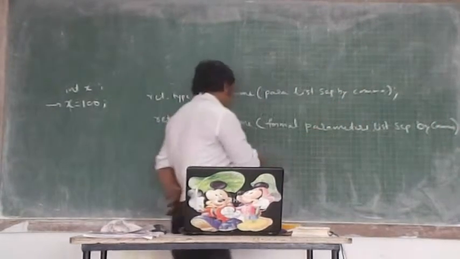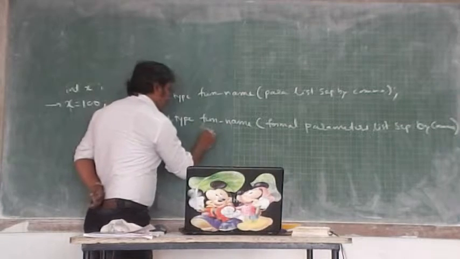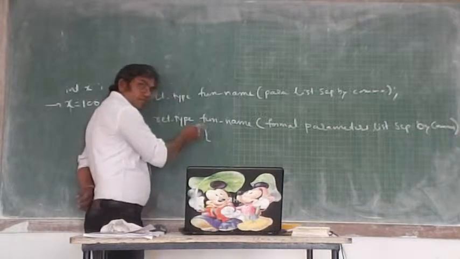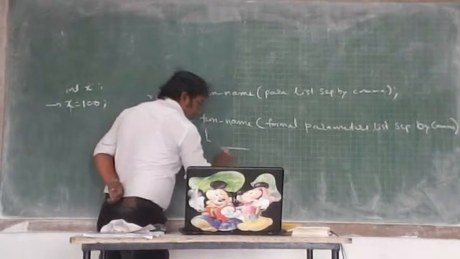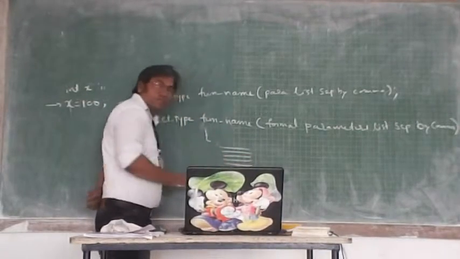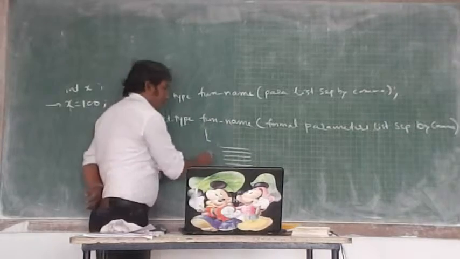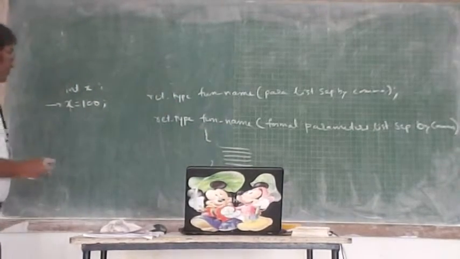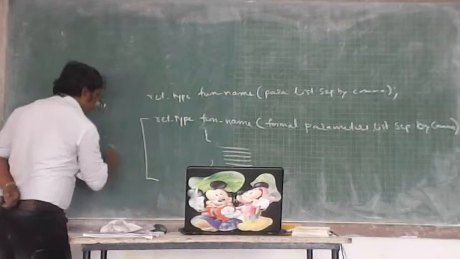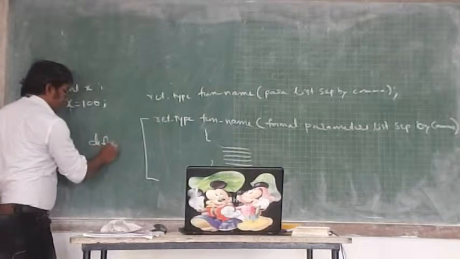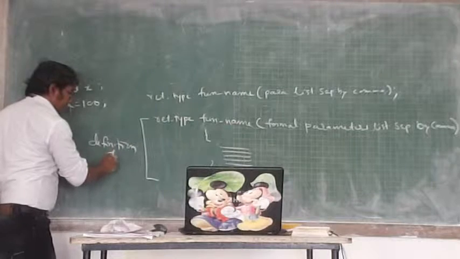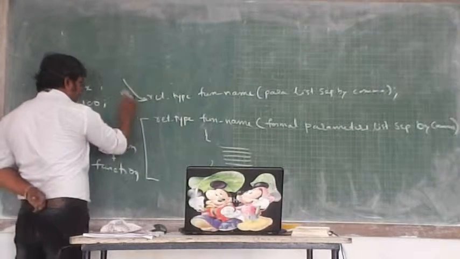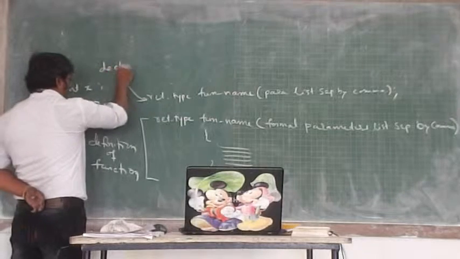No semicolon. Open bracket and open curly bracket. Definition part, whatever the function has to do, and then close curly. This is the general form of definition of a function. And this is called the declaration of a function.